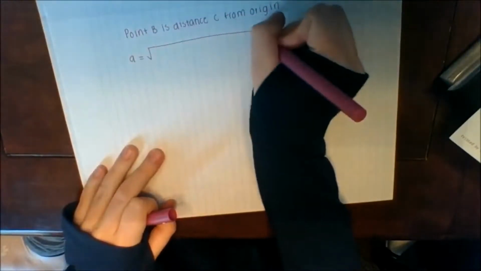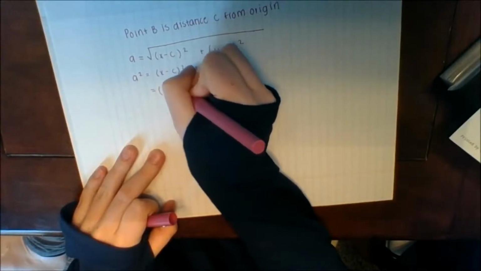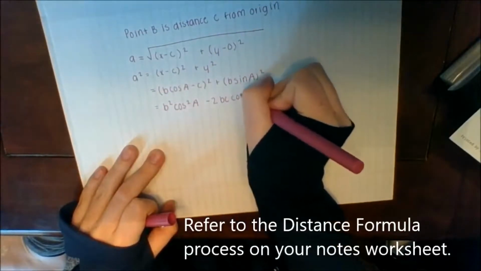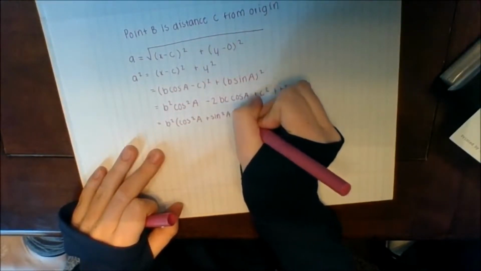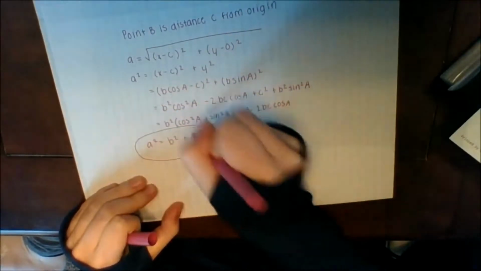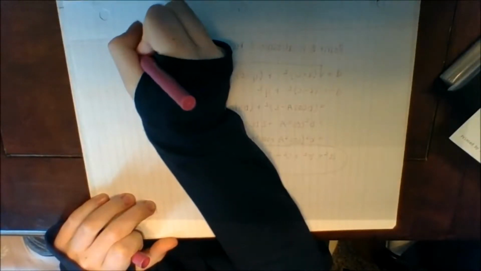Using the distance formula, set side a equal to the distance from point C to point B. Now we have our first equation, which can be rearranged to solve for the other angles and sides.